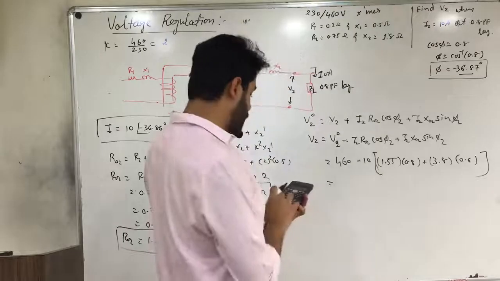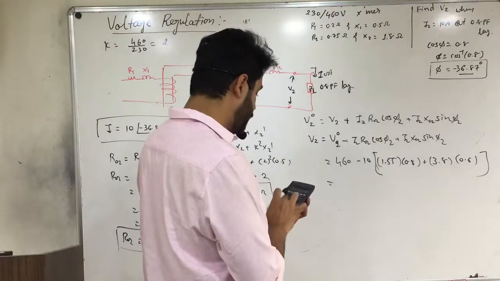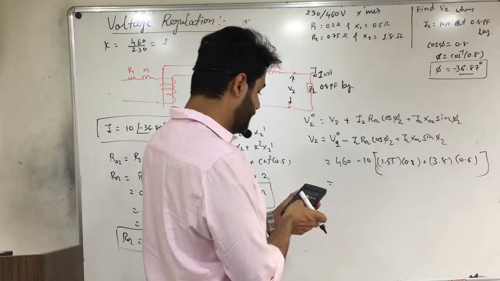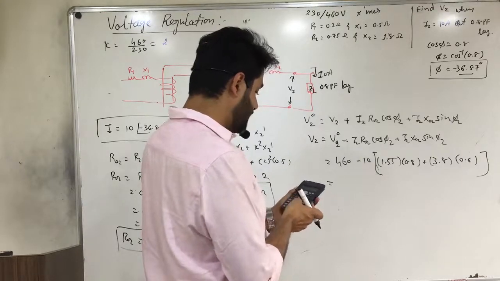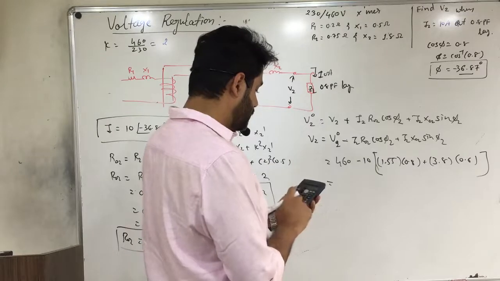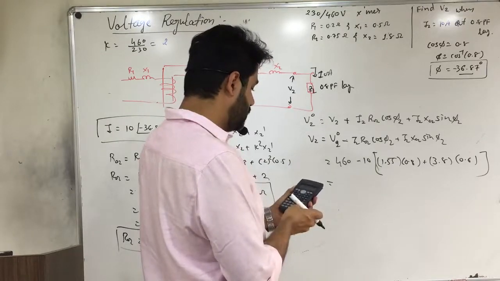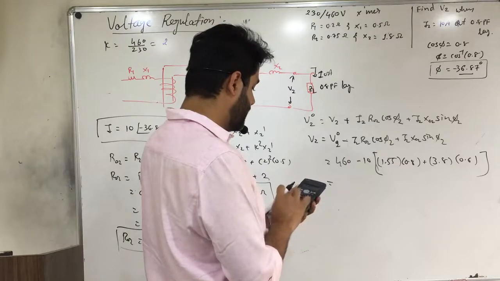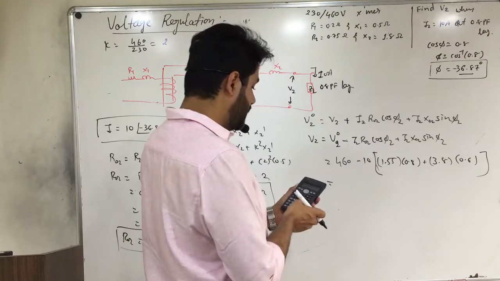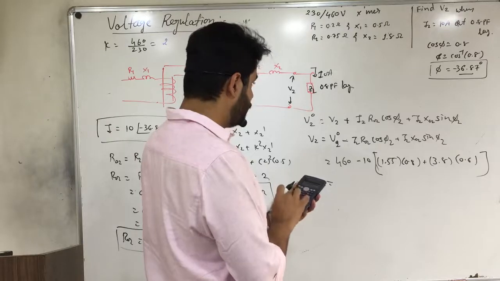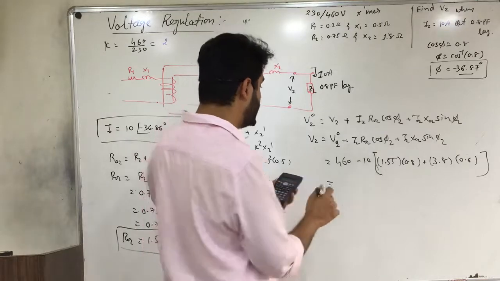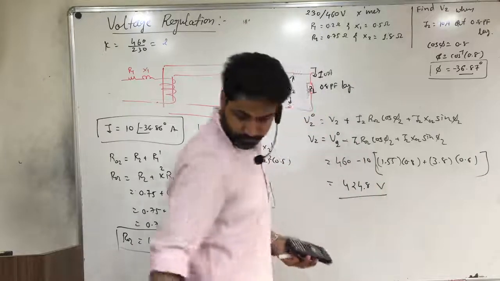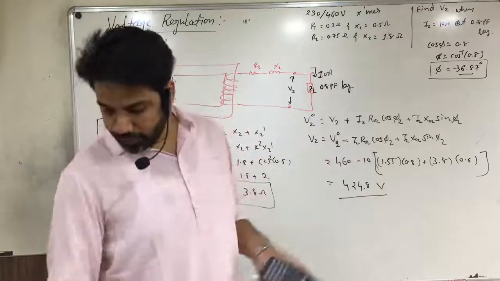So we have 1.55 into 0.8 plus 3.8 multiplied by 0.6, multiplied by 10, with a minus sign, plus 460, which comes out to be 424.8 volts.